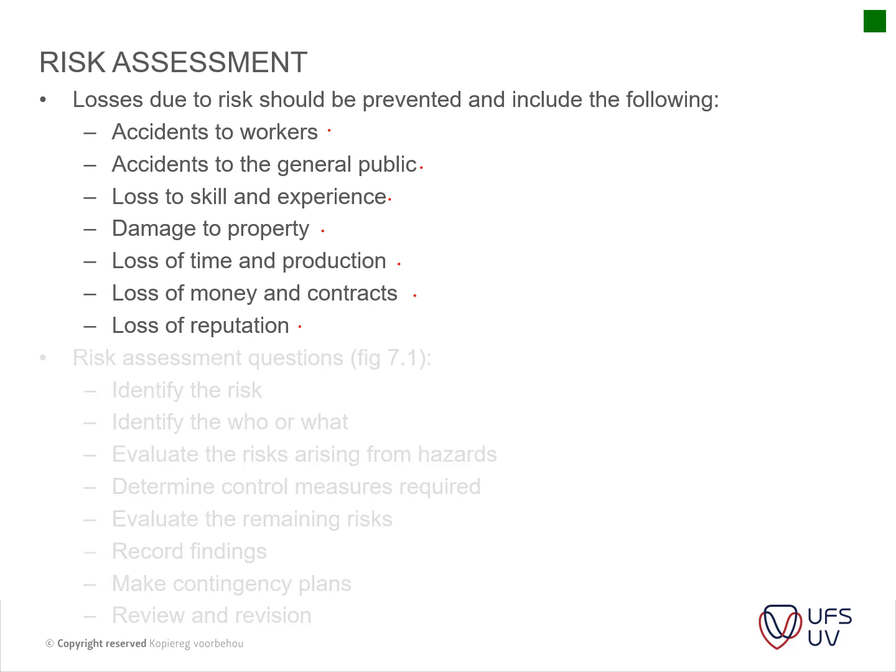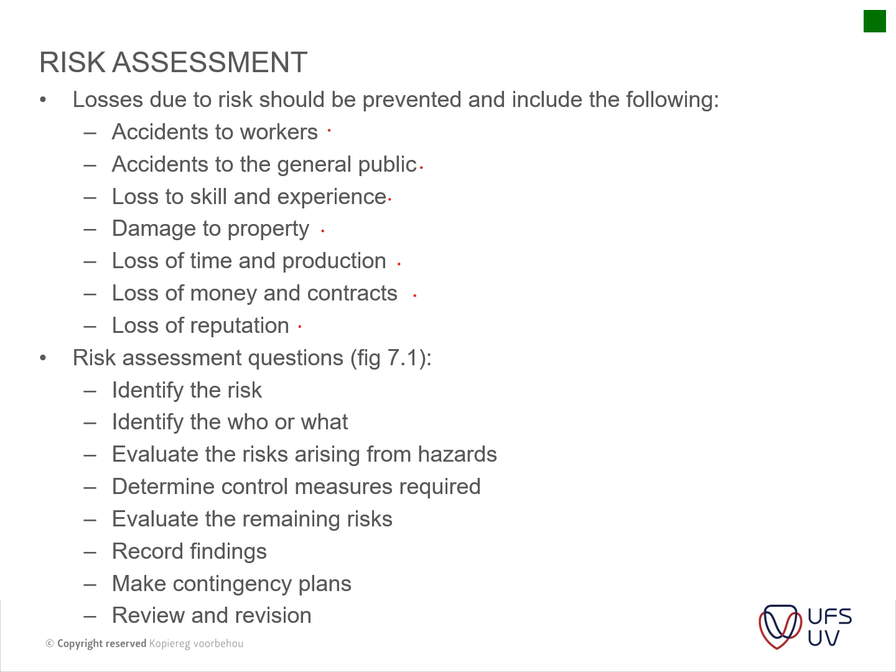But the basic steps highlighted in Figure 7 are, firstly, you need to identify your risk, and then you identify who or what might be harmed, and then you evaluate the risk arising from hazards, and then you determine the control measures that are required.